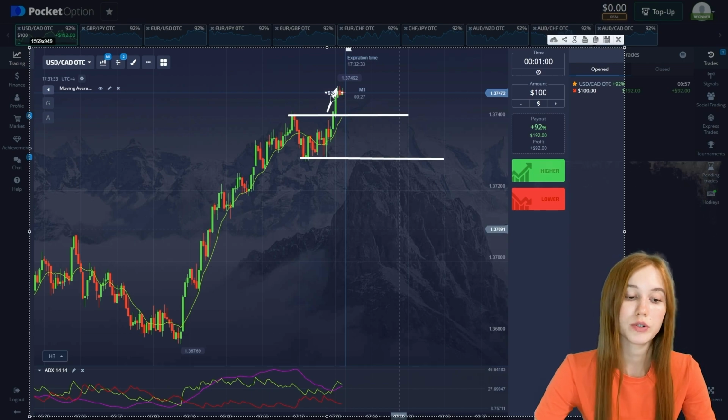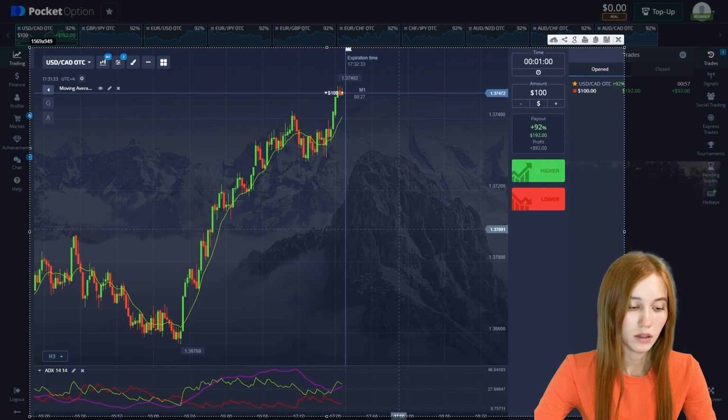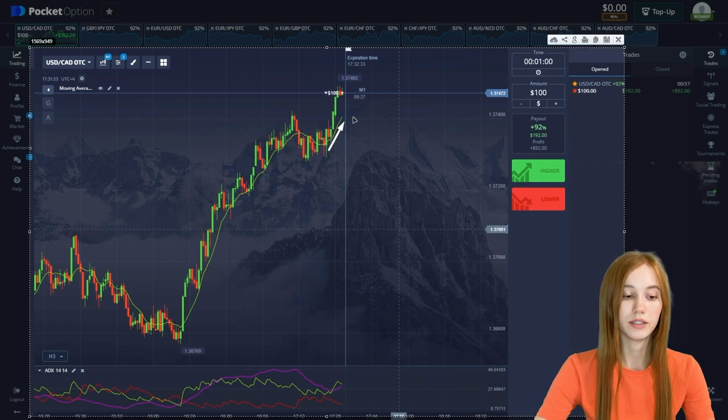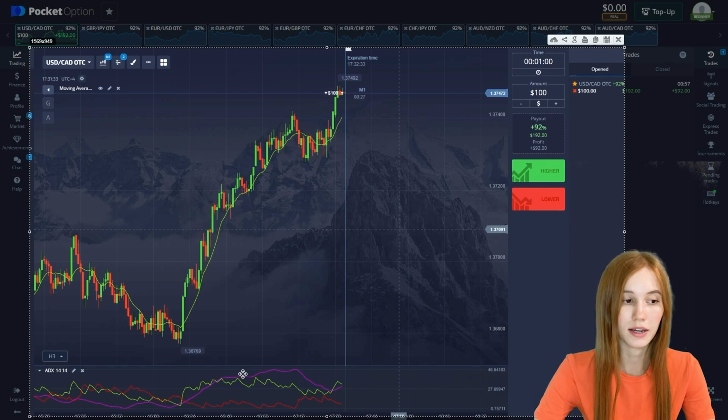From the moving average, we see that the trend is going upward globally, but still we're trading on the minute time frame and there will be an adjustment. But globally the trend will grow. And then we look at ADX. The intensity begins to increase.